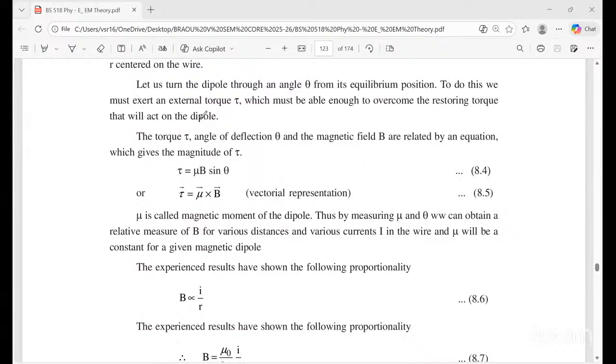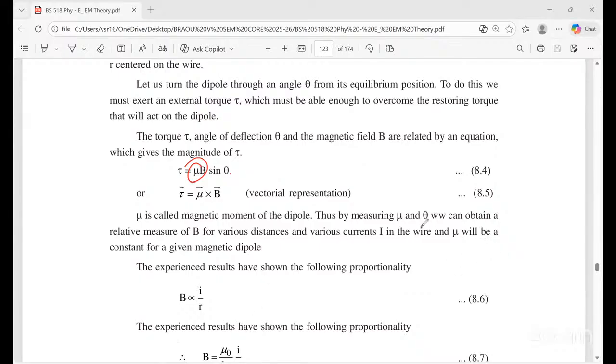The relation between them is tau equals mu B sin theta, or in vector notation, tau equals mu cross B, where mu is the magnetic moment of the dipole. Okay. So we can obtain the mu value as well as the theta value, because theta is the angle between mu and B.